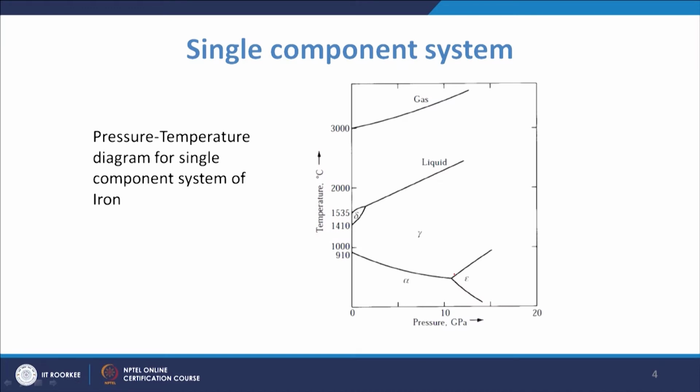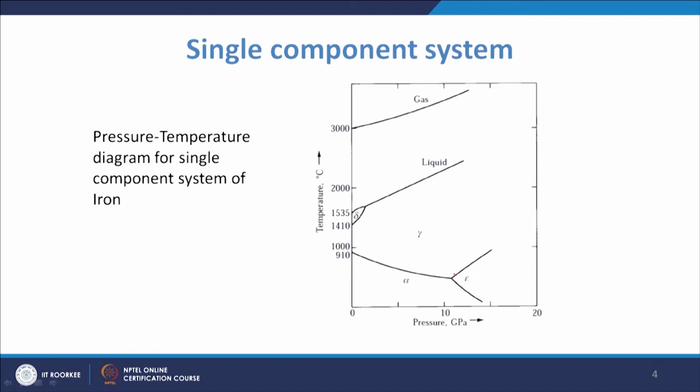Coming to the single component system, there is no compositional variable here. This is the pressure temperature diagram for the single component system of iron, and you have different phases, that is alpha, epsilon, gamma, delta, all shown here.